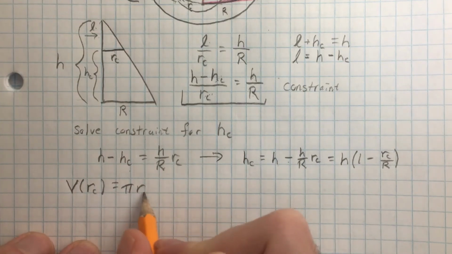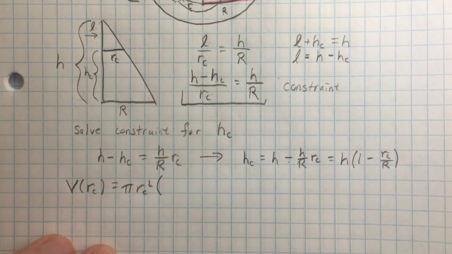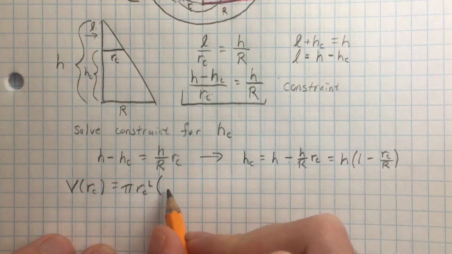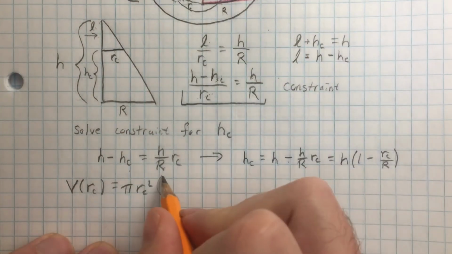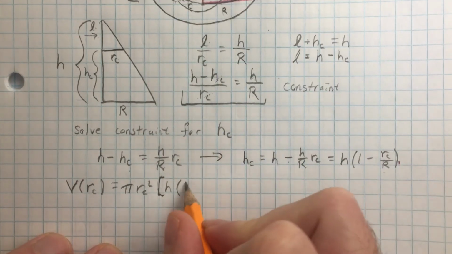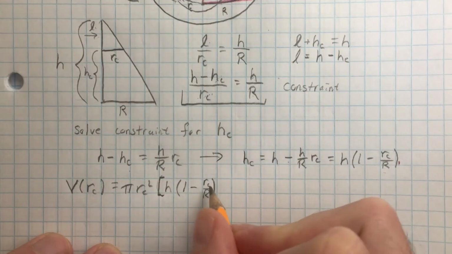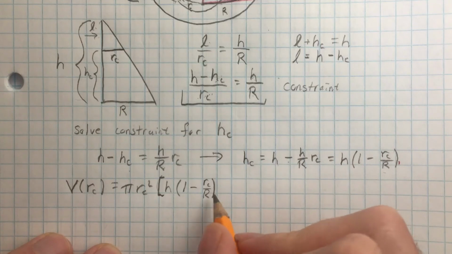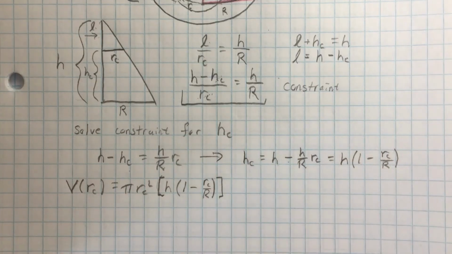We have pi rc squared, and instead of hc, I'm going to put h, maybe use a bracket, h times 1 minus the ratio of the radii, where again rc is the variable and cap R is a constant. So we now have a univariable volume function which we can differentiate, set equal to 0, and use the first derivative test on.